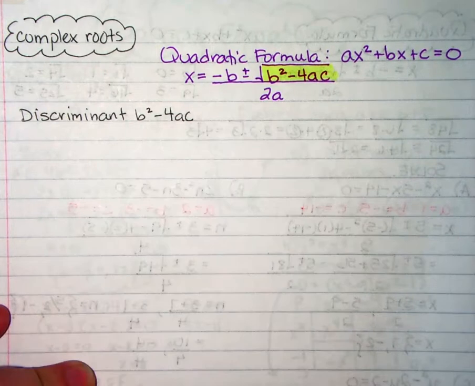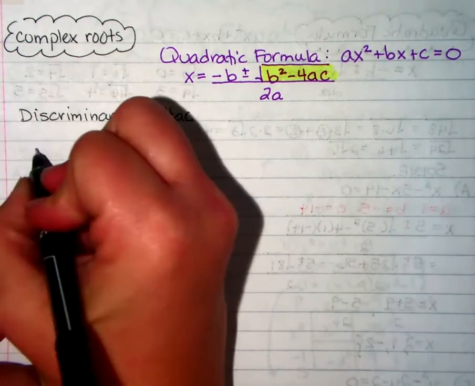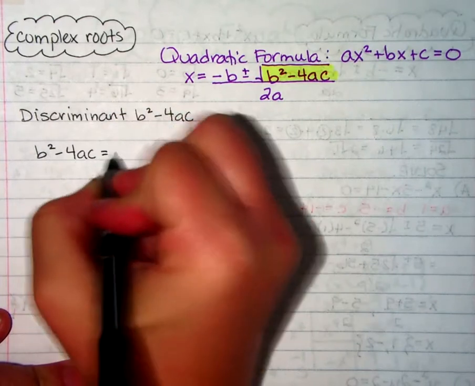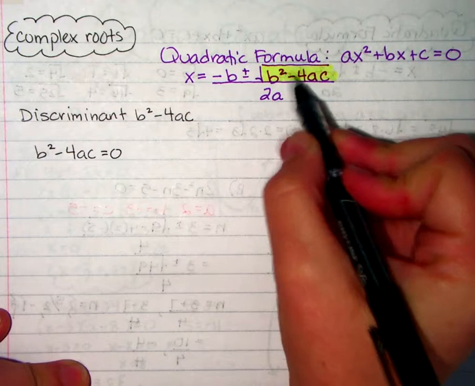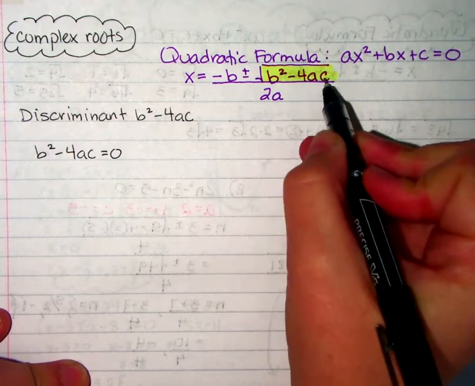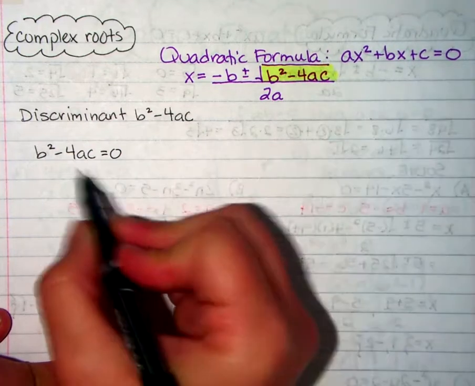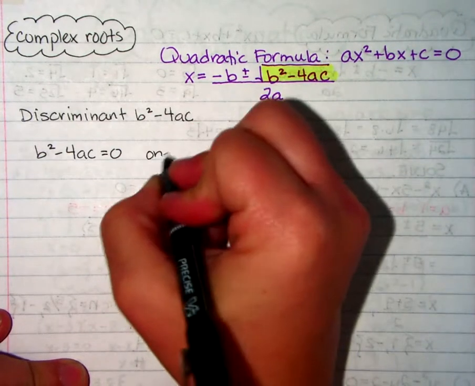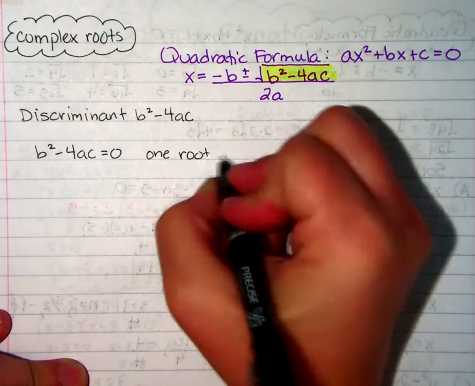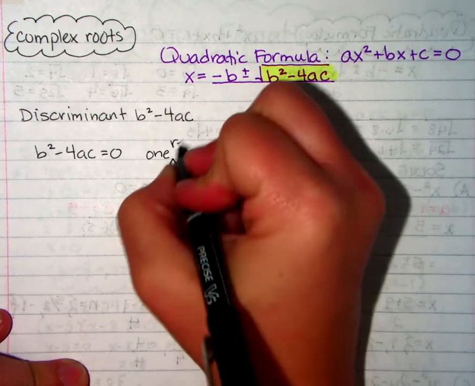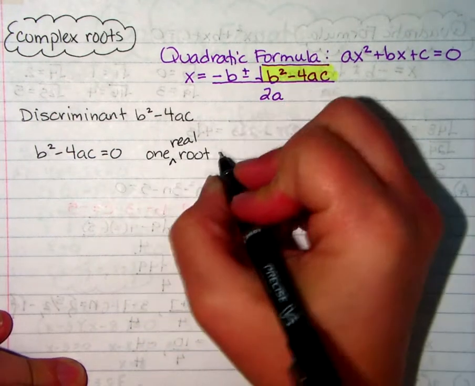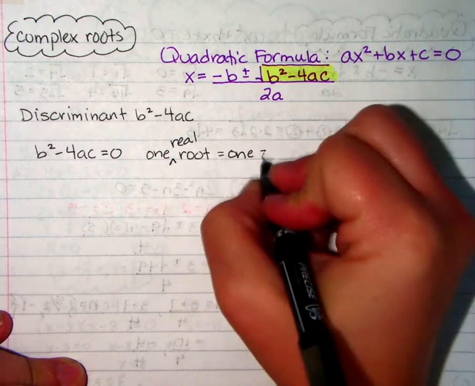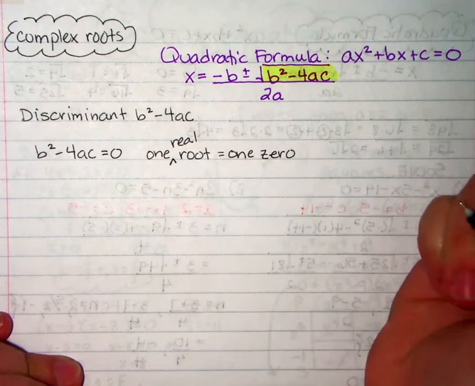And I set that discriminant equal to 0, or if I look at the value of b squared minus 4 times a times c, and that whole value is equal to 0, what that means is that we have one real root, or it means we have 1 zero. Another thing that we could say is that it means that we have one solution.